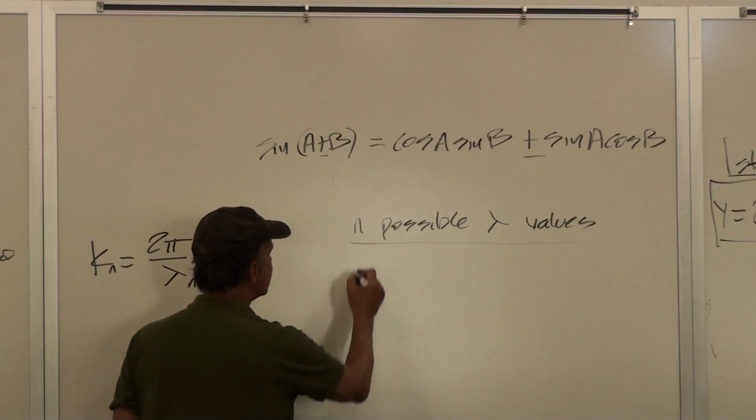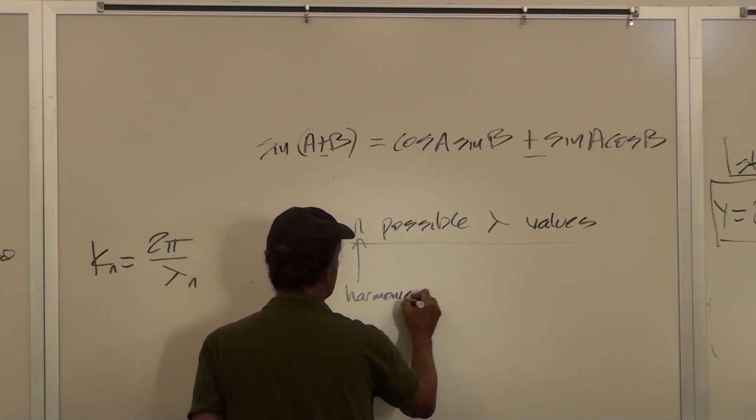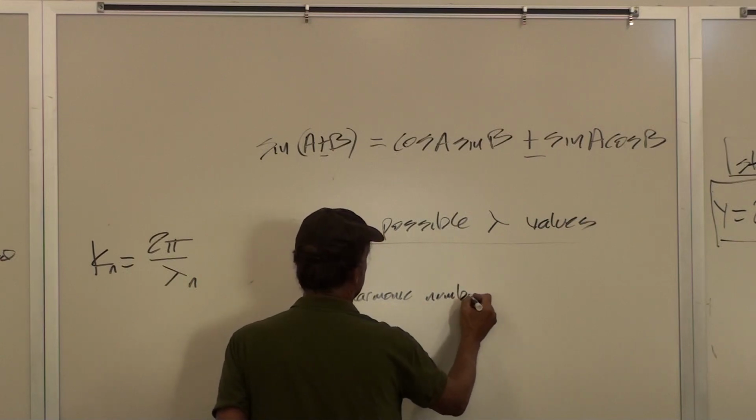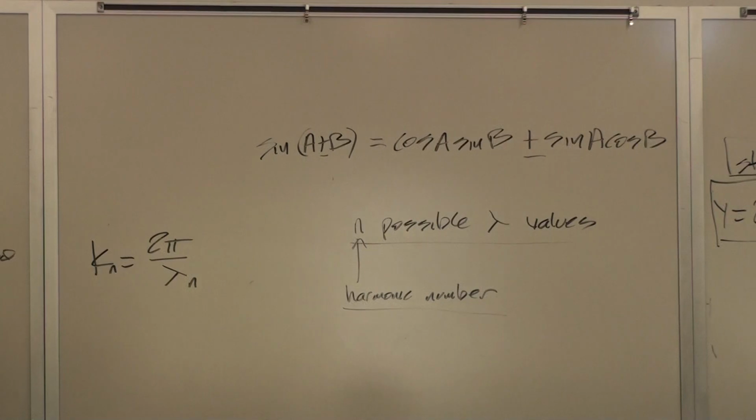And so n is what we call our harmonic number. Let's just see if we can find a pattern. For this one, this is n equals 1.